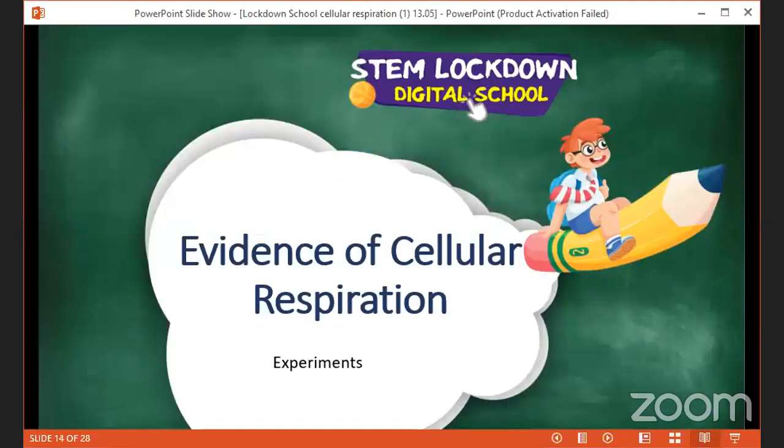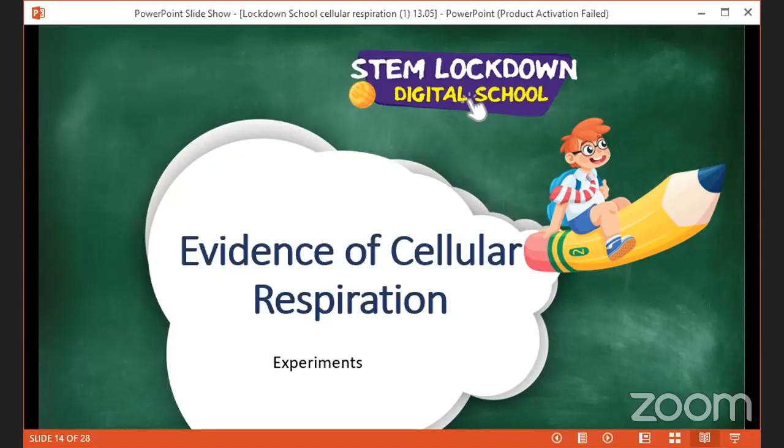Okay, so now let us move on to the evidence of cellular respiration. So basically, this is experiments. How can we prove that a certain organism underwent cellular respiration? Or how can we prove that carbon dioxide is indeed released during cellular respiration?